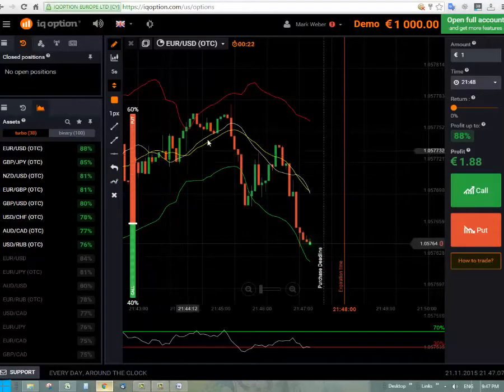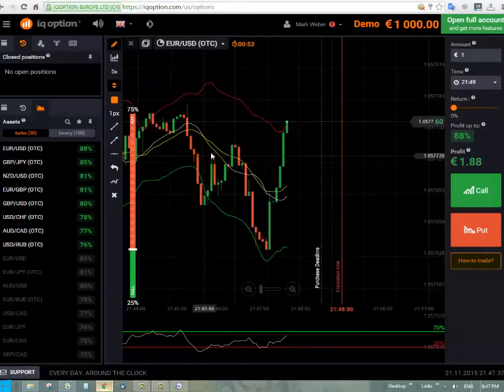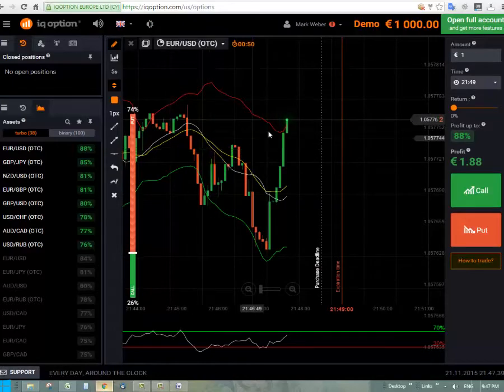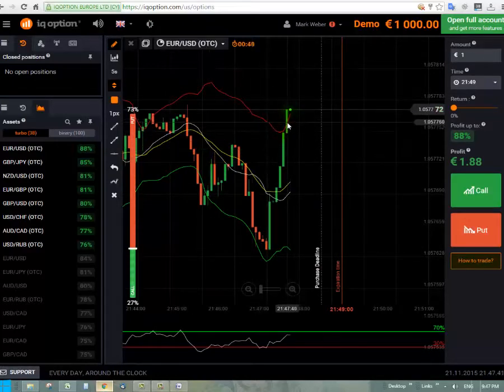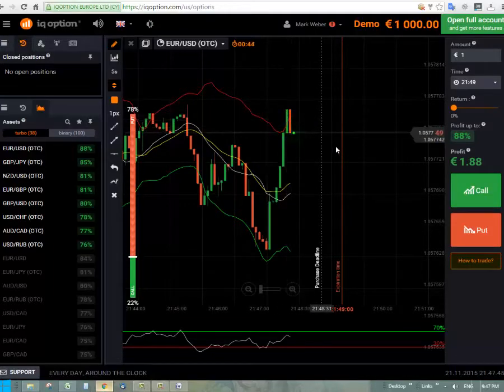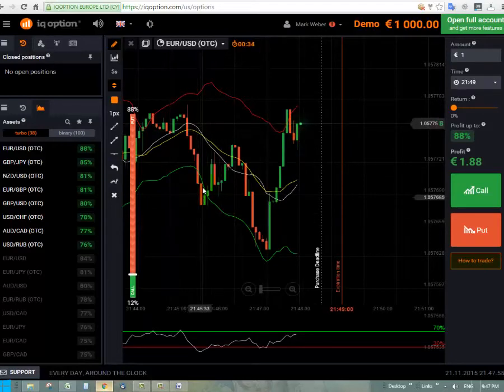The moving average now is the white line. So our strategy is, when the price of the asset hits the upper line, then we make a put on €1. And if the price of the asset hits the bottom line, then we make a call again for €1.